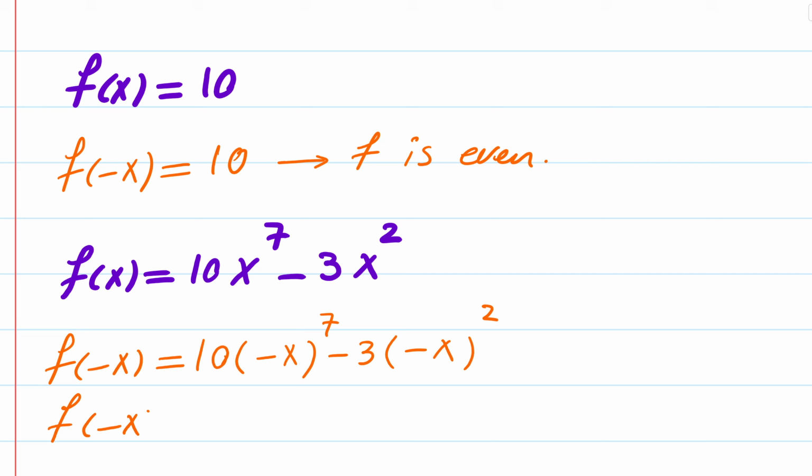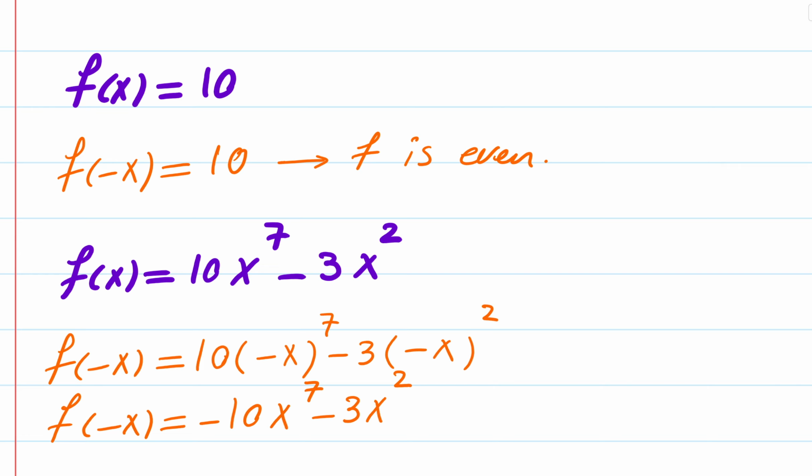Again, we have an odd exponent, so our expectation is negative x to the power 7. This is even, so it's x squared. Negative 10x to the power 7 minus 3x squared.